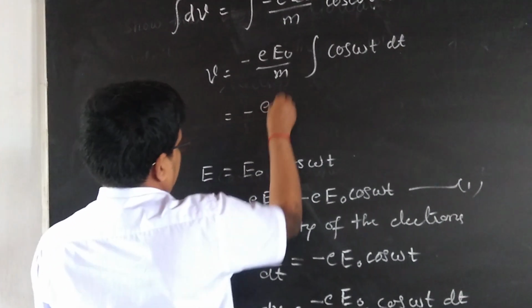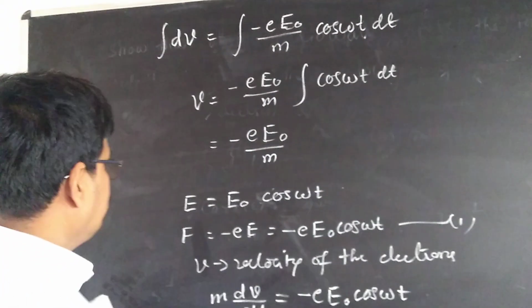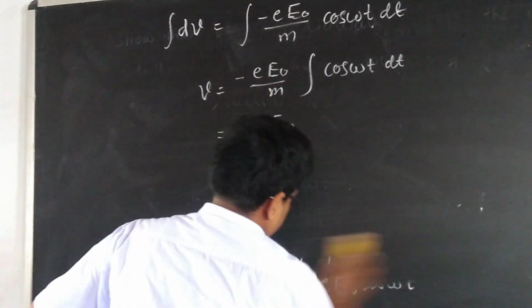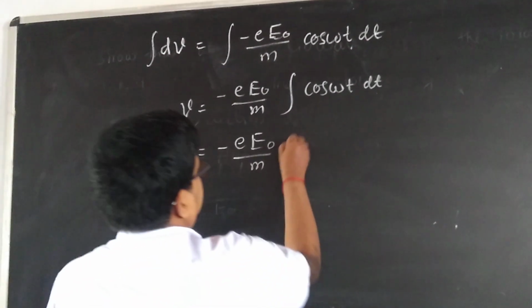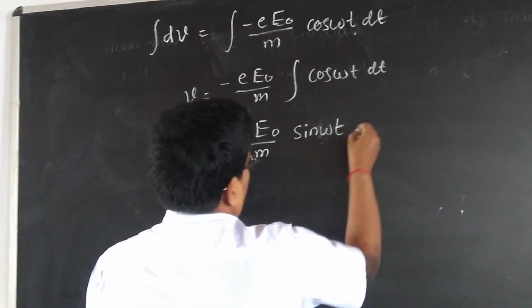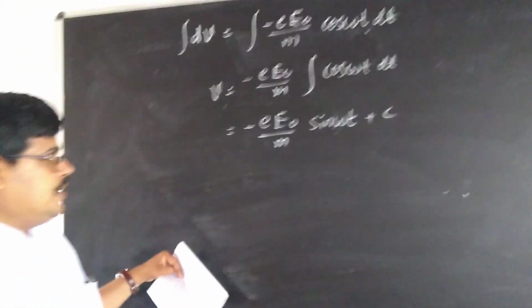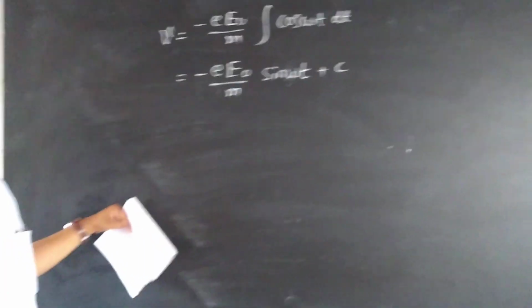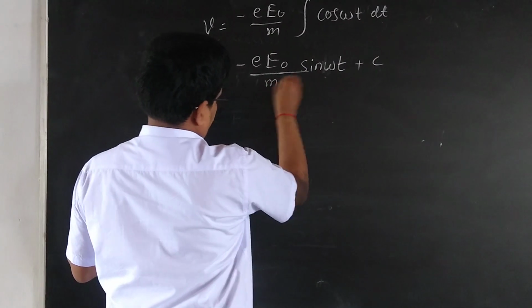So integration of cos omega t is sin omega t plus c, divided by omega.